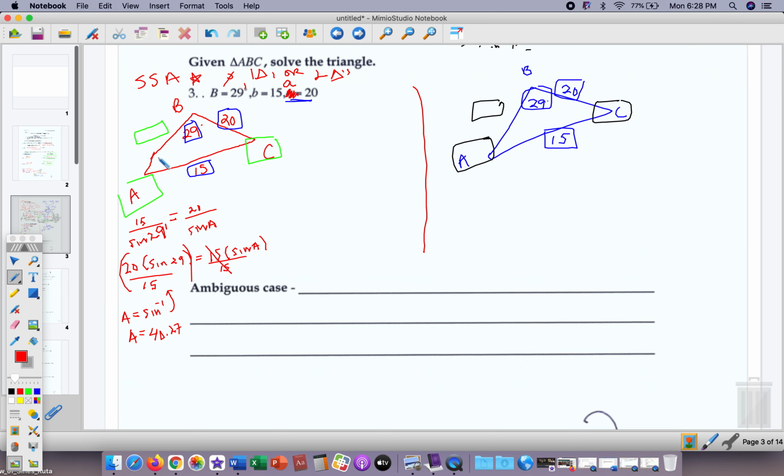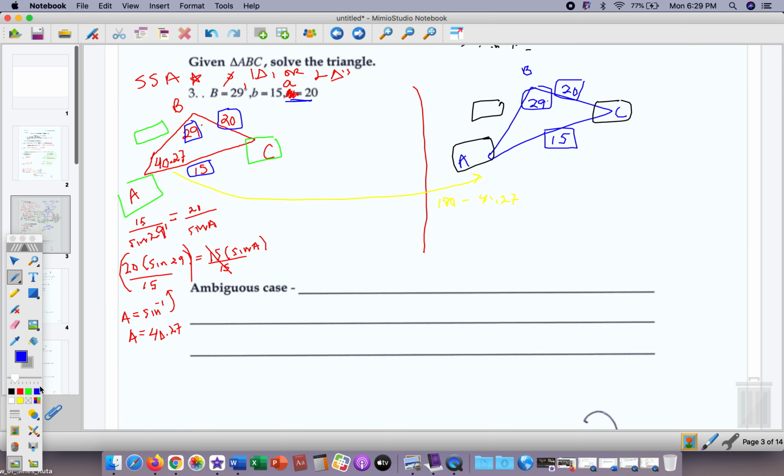So I'm going to put that in right here. Now the second I find that second angle, what I'm going to do is put it in that first triangle, but then in the other, I'm going to do 180 minus 40.27.